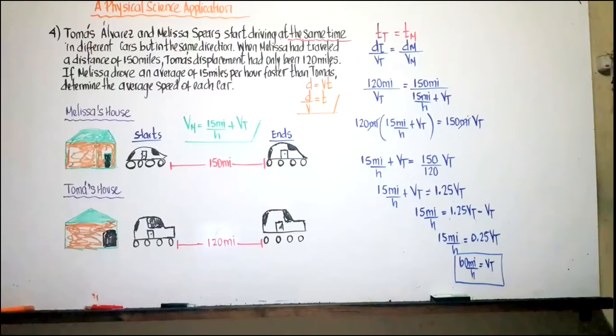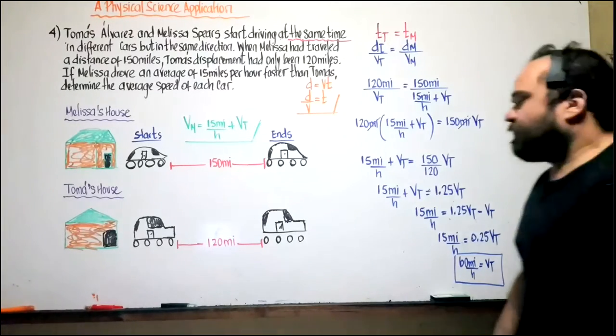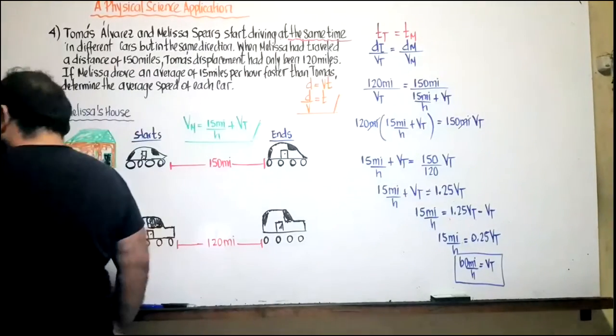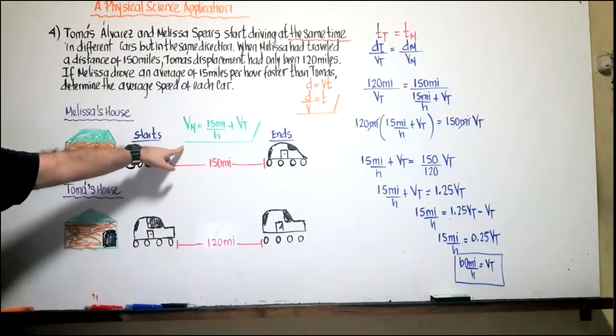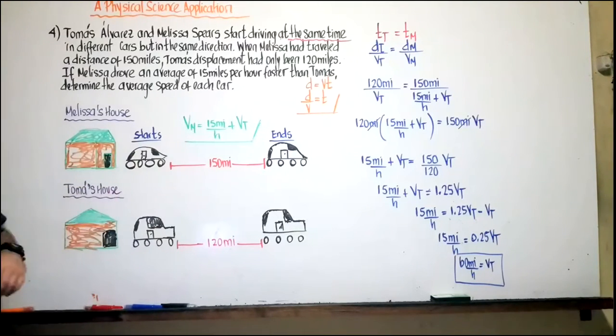Remember, the problem is asking for the average velocity of Thomas, and also the average velocity of Melissa. Because we know the average velocity of Thomas, we can continue with this green equation and substitute this value.